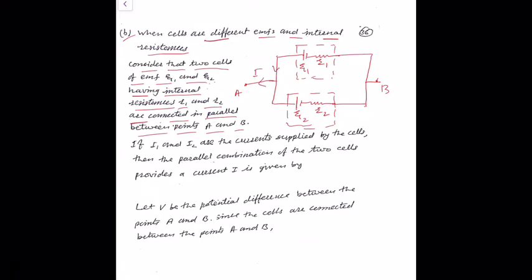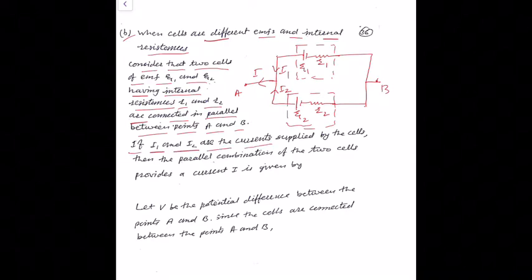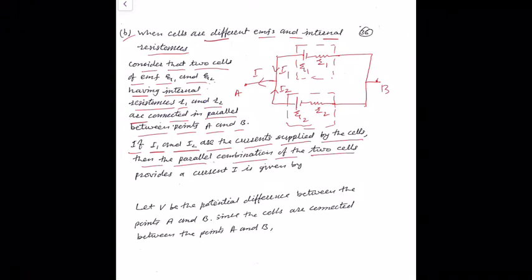Here the current is I in this branch, I1 in this branch, and I2 in this branch. If I1 and I2 are the currents supplied by the cells, then the parallel combination of two cells provides a current I given by I = I1 + I2.